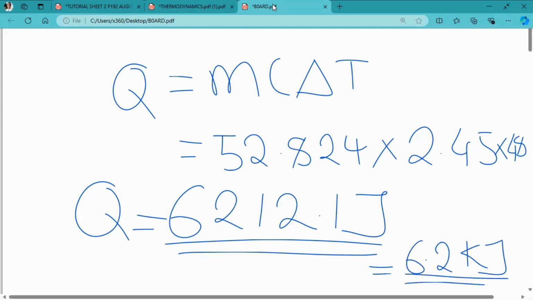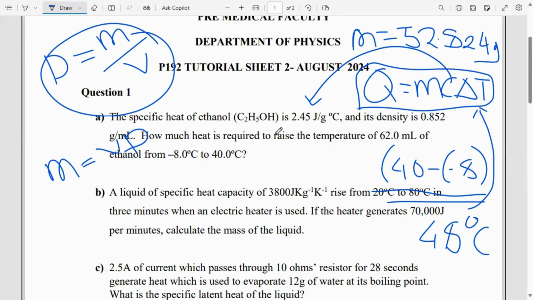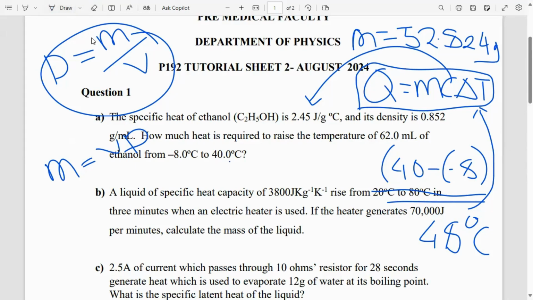That is the thermal energy required to change the temperature of this volume of ethanol, 62.0 milliliters with a density of 0.852 grams per milliliter, by a temperature difference of 48 degrees Celsius, from -8 degrees Celsius to 40.0 degrees Celsius. Okay, so I hope there is no question on question 1.